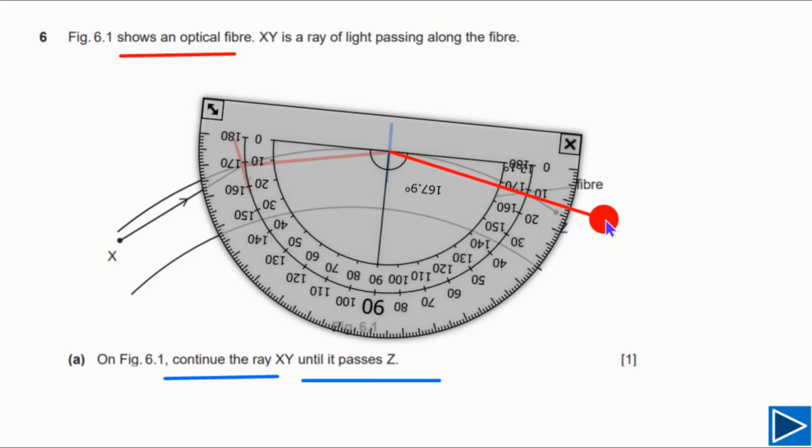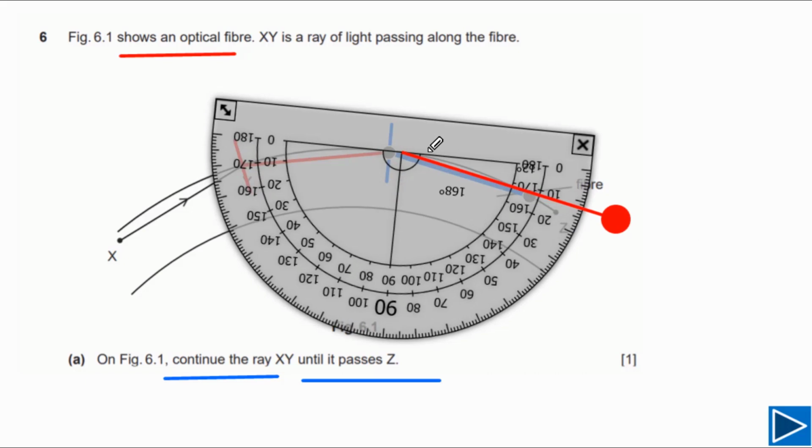So this is 168. So we need to draw the reflected ray at this point. So this is our reflected ray. We can adjust a little bit until it touches the surface of the fiber. So at this point it is touching the surface of the fiber. So this is our second reflected ray.